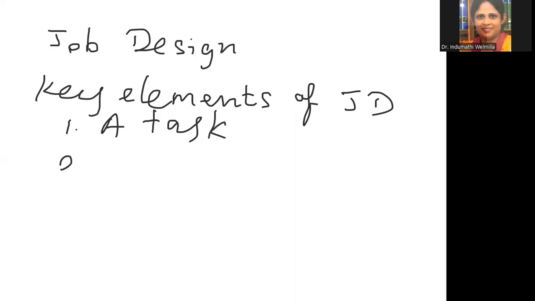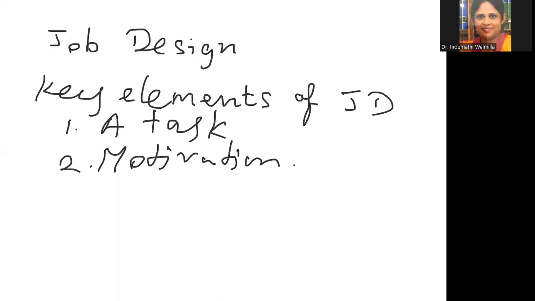The second element is motivation. I think you know the meaning of this, but I will explain it briefly. Motivation describes causes within the individual that account for the level, direction, and persistence of effort expended at work.